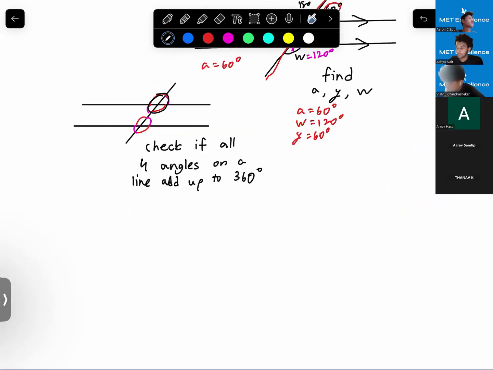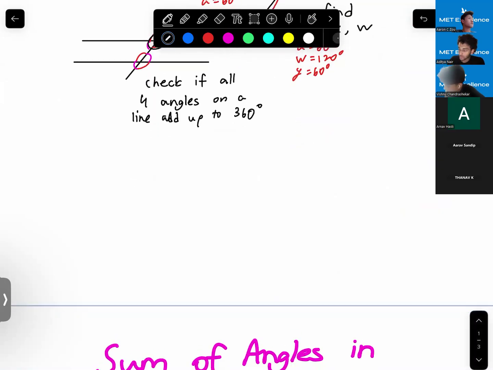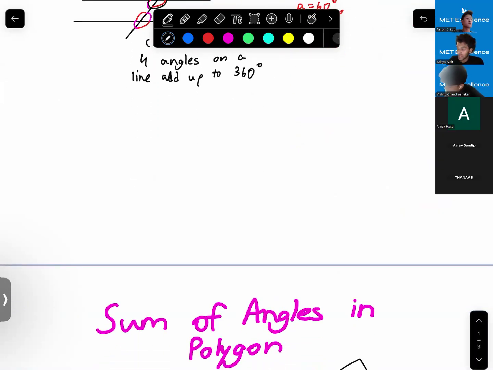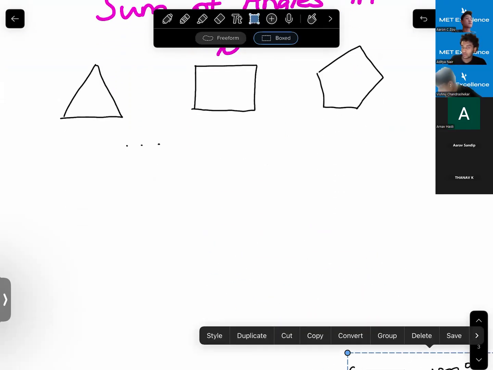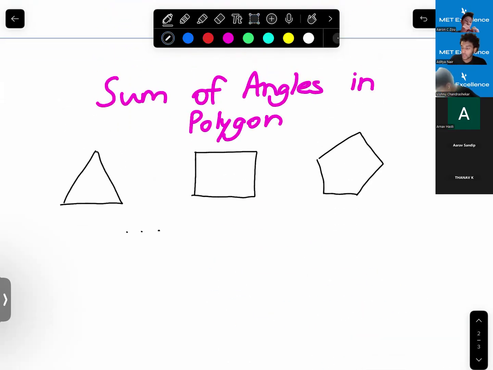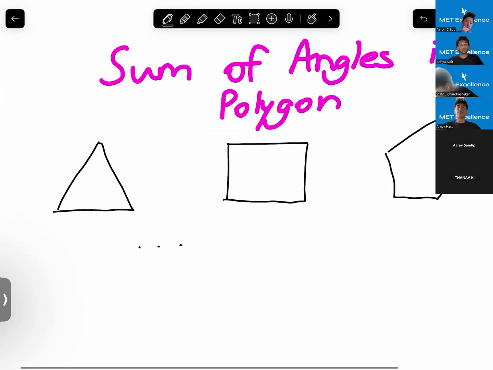All right. And just a little bit more work with angles. We're going to go to sum of the angles in a polygon. So can anyone tell me how many degrees are in a triangle? All right, I see 180. Good. What about in a square?